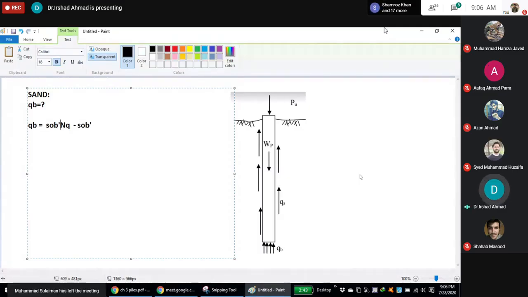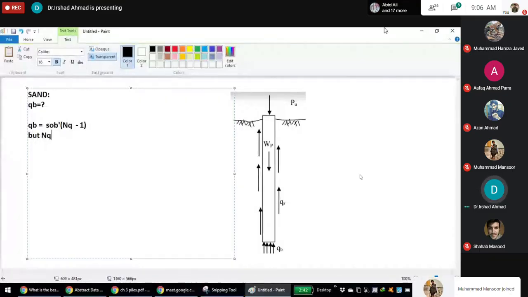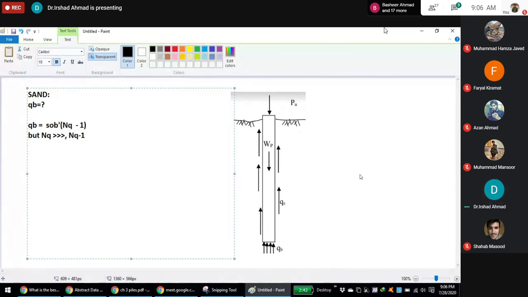So you can now take sigma naught B prime as common. You are left with this. But NQ is very large. The value of NQ is large, so NQ minus 1 is nearly equal to NQ.